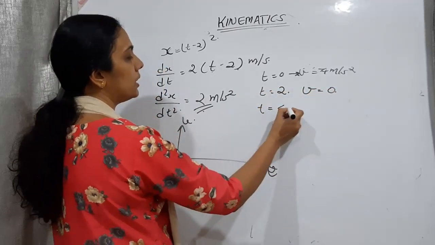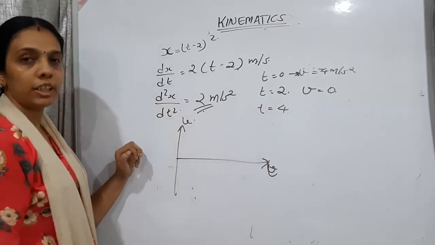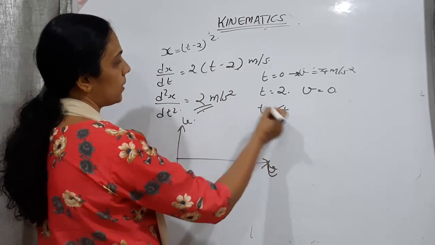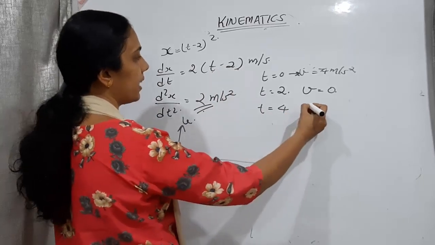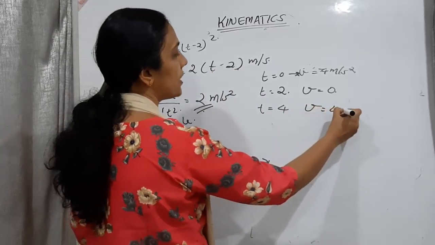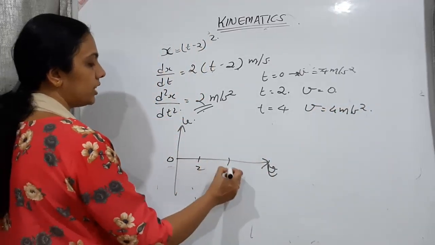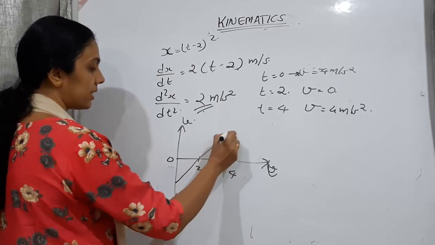Then what is the velocity when t equals 4 seconds? We need to find till 4 seconds, right? When time equals 4 seconds, v will be equal to plus 4 meter per second. So if I draw a graph relating to that, I will get it like this.